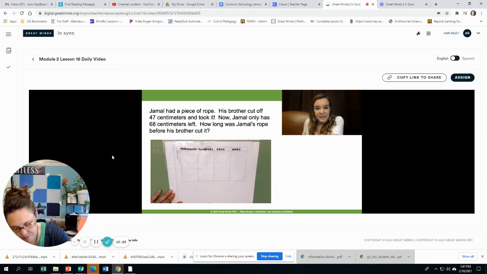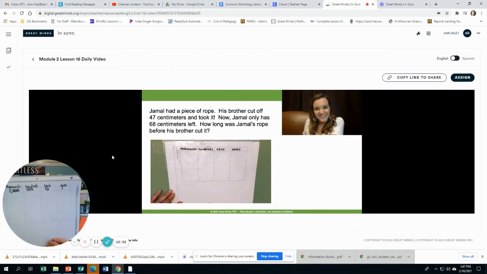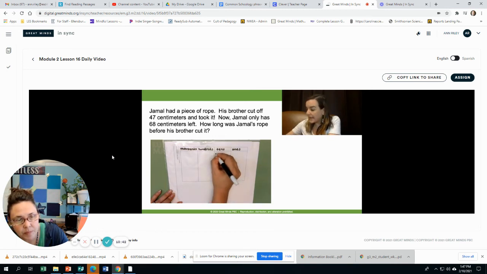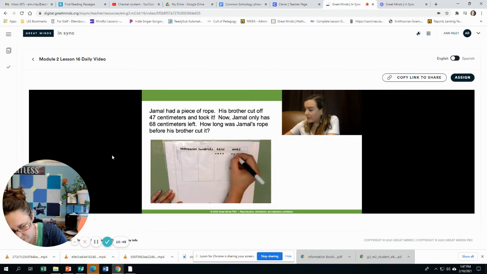To do that, we need to think, how many tens and ones are in 47 centimeters? 4 tens, 7 ones. Here is how we will represent that on our chip model. 10, 20, 30, 40, 41, 42, 43, 44, 45, 46, 47.